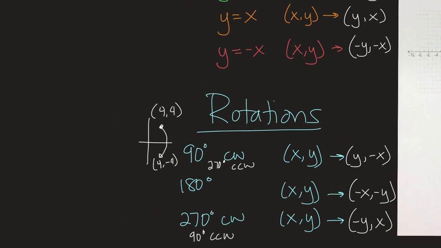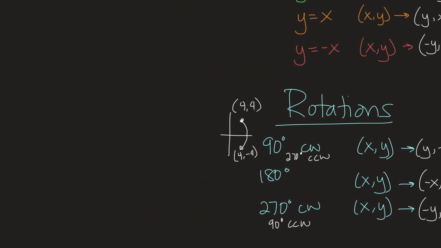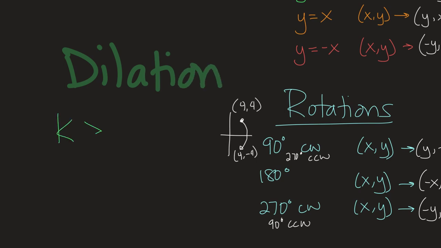And then, of course, dilations. Well, this is a marker, not a pen. If we had a k value greater than 1, that was an enlargement. And if we had a k value, which is your scale factor, less than 1, it was a shrink or a reduction.